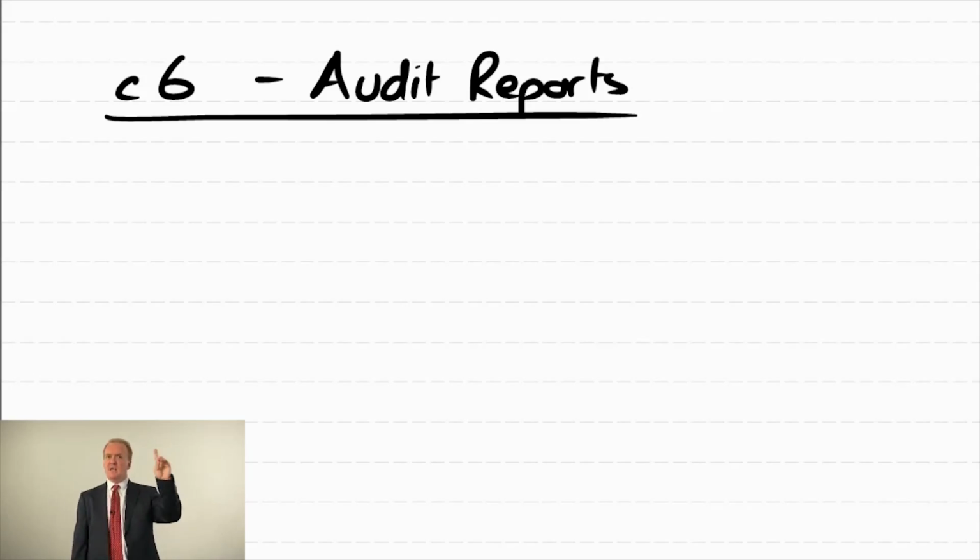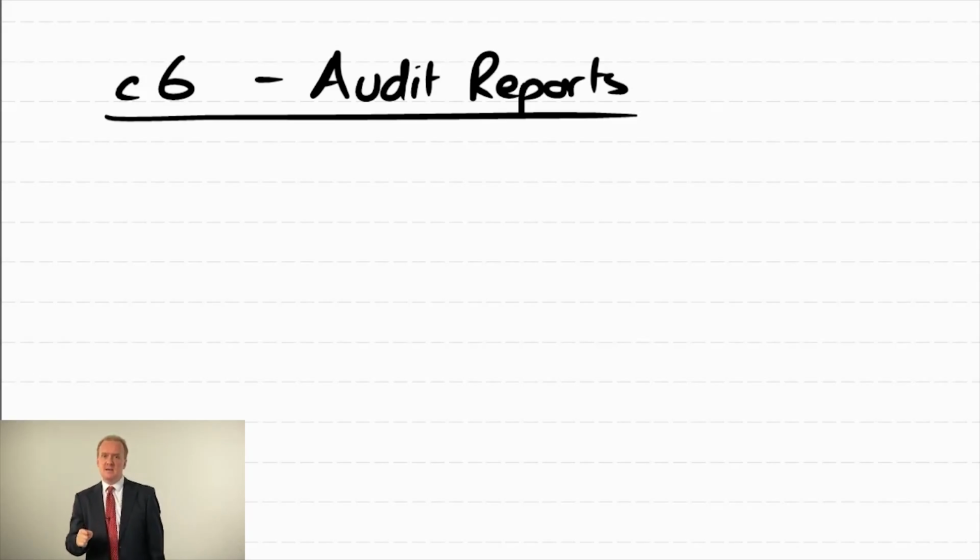So we've got the basic unmodified report, 4 ways to change the opinion, and then we've got 2 other ways of changing the report without touching the opinion, and those are the extra paragraphs, the other matter, and the emphasis of matter. The other matter, we add that onto the end of an audit report when there is a problem with the other information, the stuff in the annual report, which is not audited, but which we have to read just in case it's inconsistent with the accounts.